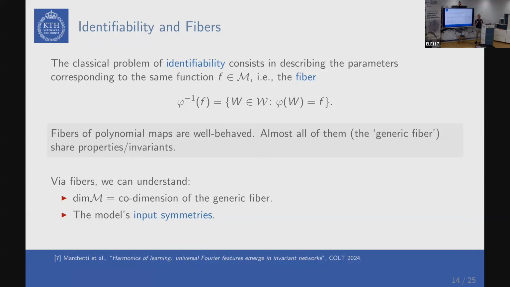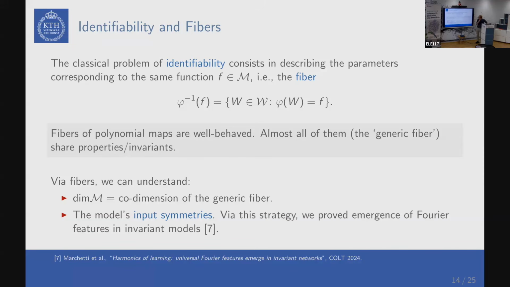There is a duality, an adjunction between parameters and inputs. If you understand the symmetries in parameters, you can say something about input symmetries. And of course, input symmetries are the main topic of geometric deep learning. Networks that have symmetry properties behave well with respect to symmetries from input to output.